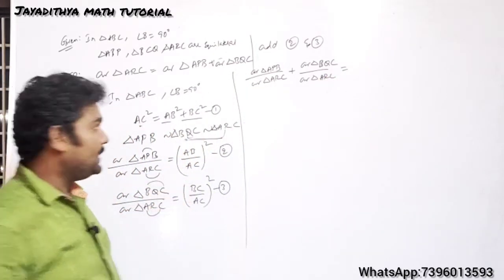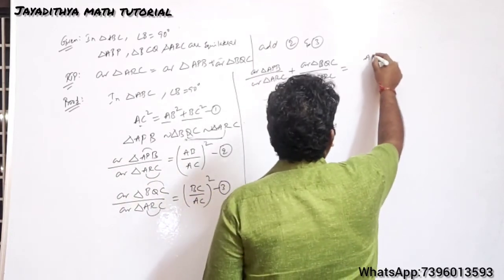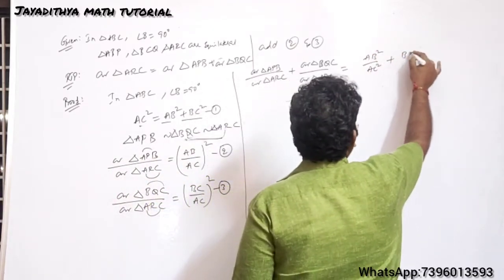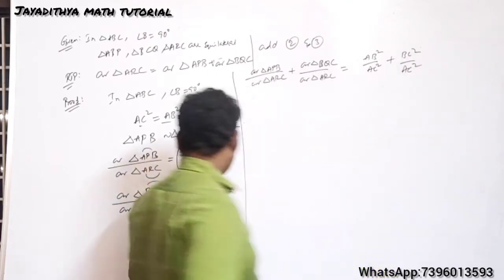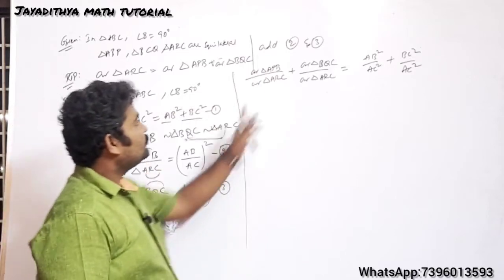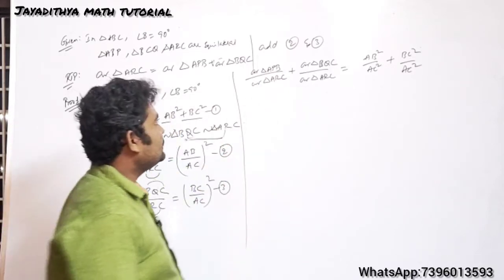AB square by AC square plus BC square by AC square now. Clear? Square of BC by AC is nothing but BC square by AC square. I have written that one only. So here you have common denominator, that is ARC.